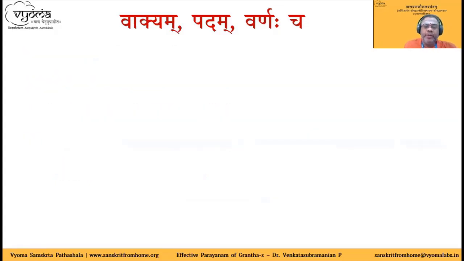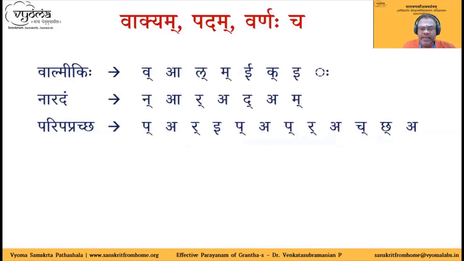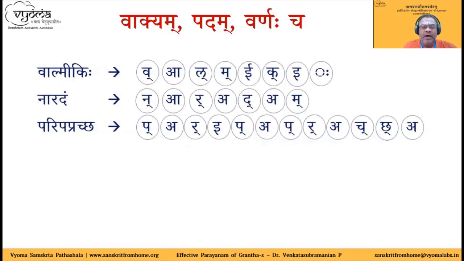Now, let us take an example. Valmikihi Naradam Paripapracha. Now, if you take Valmikihi Naradam Paripapracha, it is a sentence. It is a Vakyam. Tapaswadhyaya Niratam Tapasvi Vagvidamvaram Naradam Paripapracha Valmikir Munipungavam is the shloka.